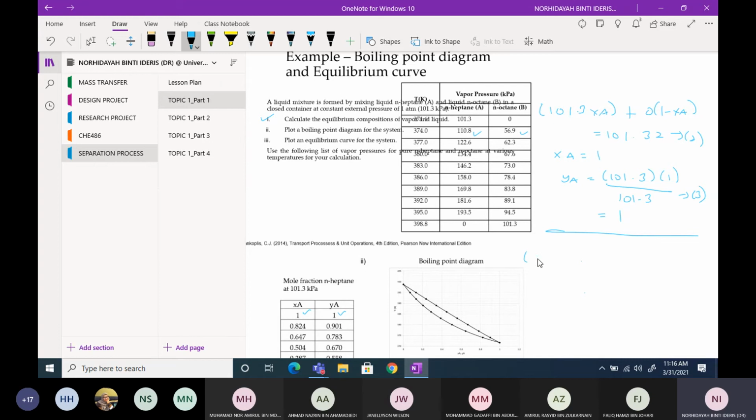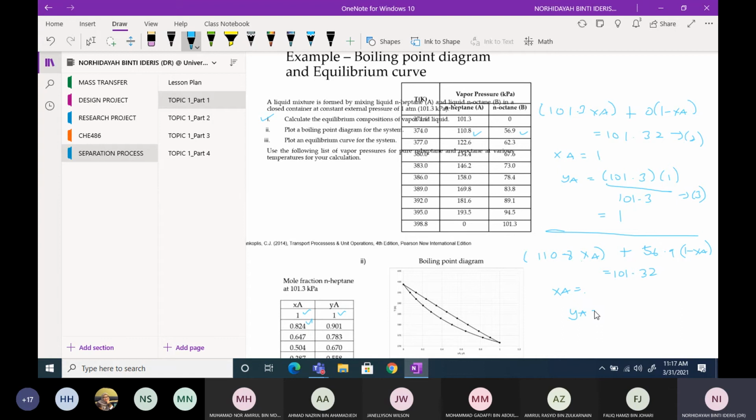So 110.8 XA plus 56.9 multiplied by 1 minus XA is equal to 101.32. When you solve for XA, you will get a value of about 0.824.